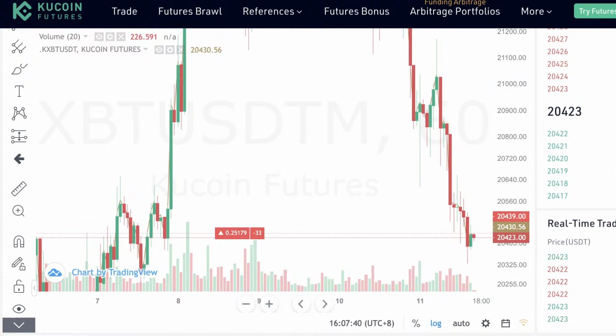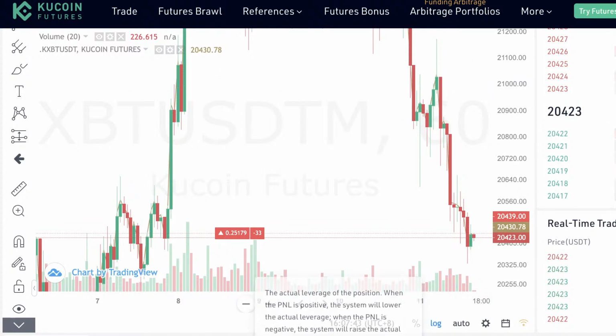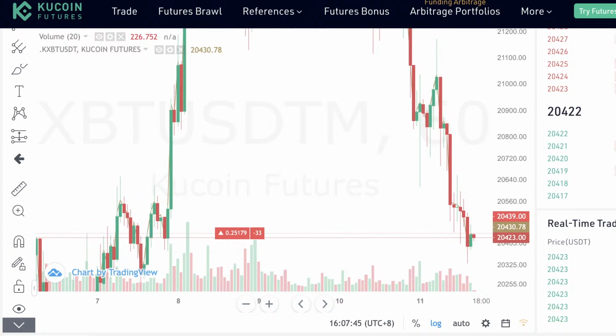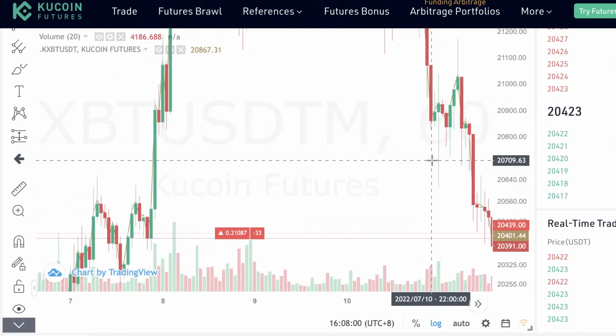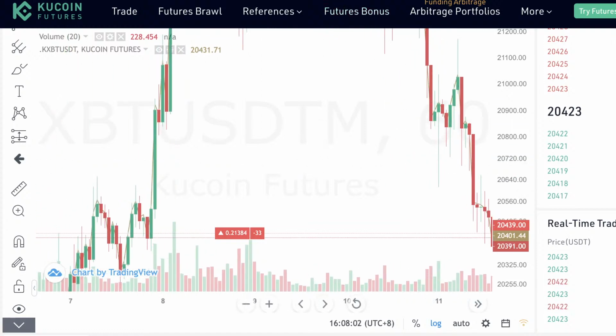We are sitting on a little short trade here. Got 11 times leverage. Nothing's really moving at the moment. It's still kind of stagnant.